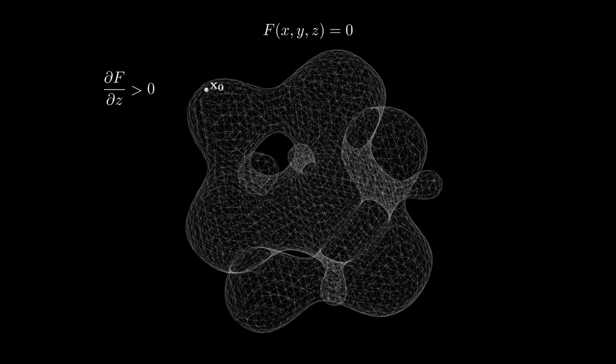Well, as the picture depicts, this means that if I have a tangent plane to the surface, our normal vector to the surface, whatever shape the surface takes, should point upwards. Because remember, this term right here is the k component of our normal vector.